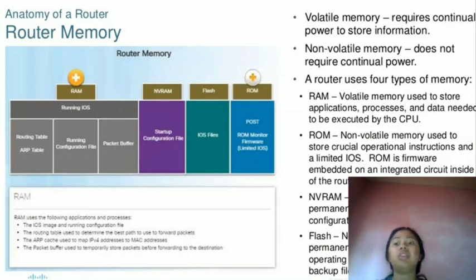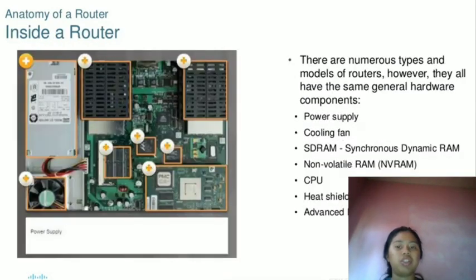Volatile router memory. The anatomy of a router: router memory includes volatile and non-volatile memory. A router uses four types of memory: RAM, ROM, NVRAM, and flash.